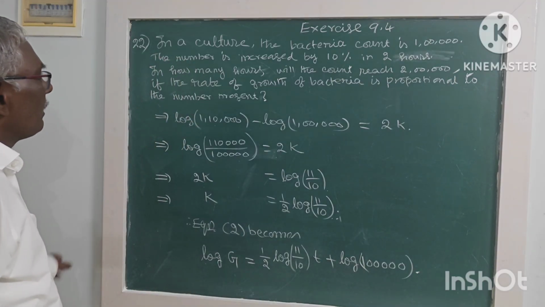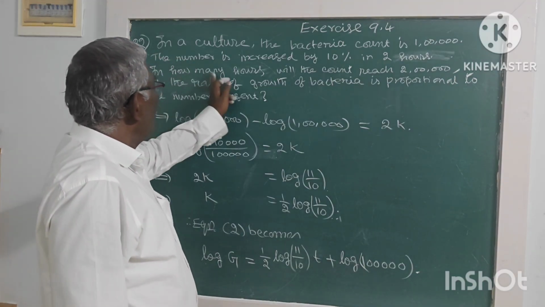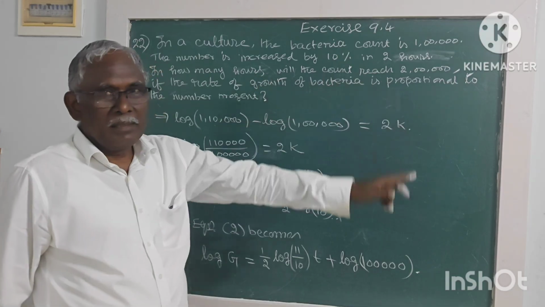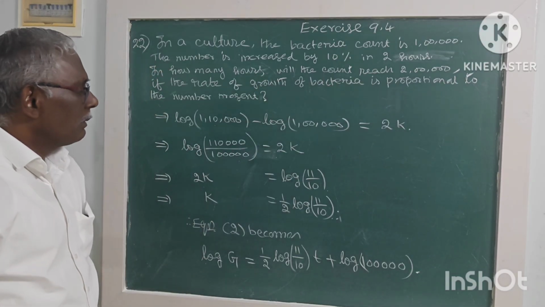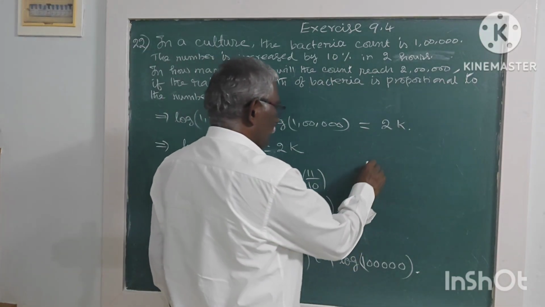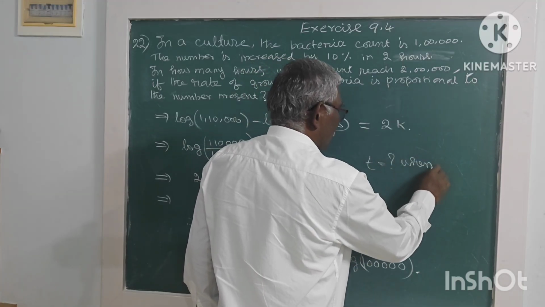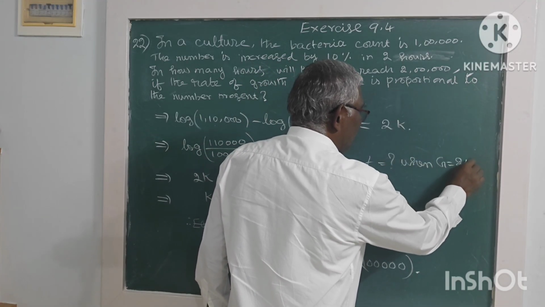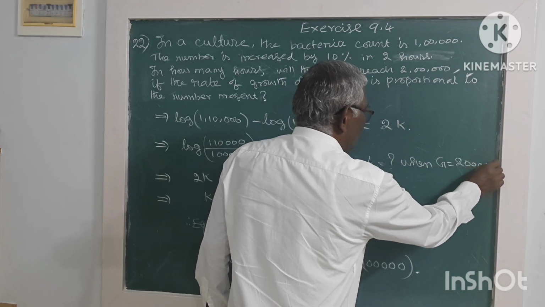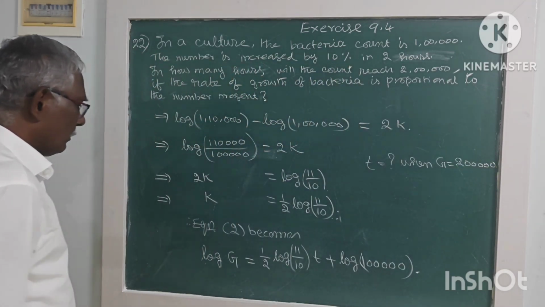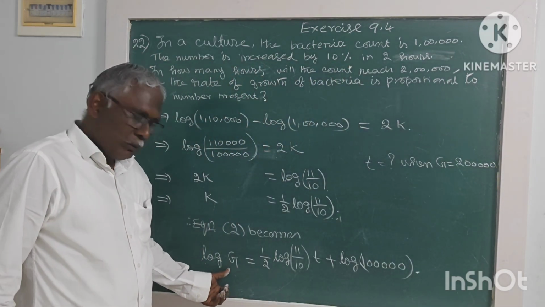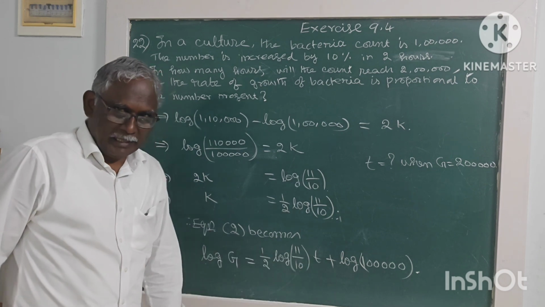Now, in how many hours will the count reach 2 lakh? That means t is how much when g is equal to 2 lakhs. So put g is 2 lakh here and get the value of t.